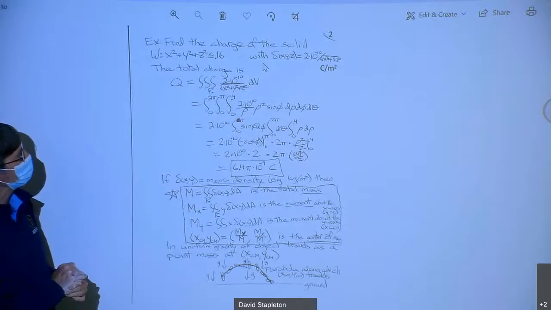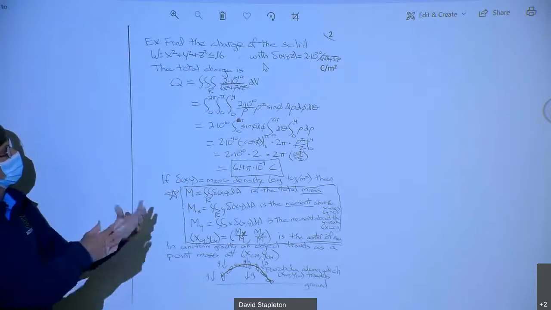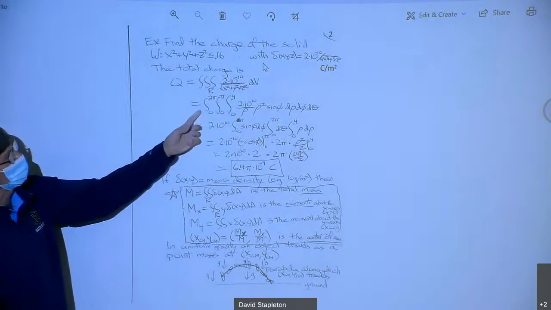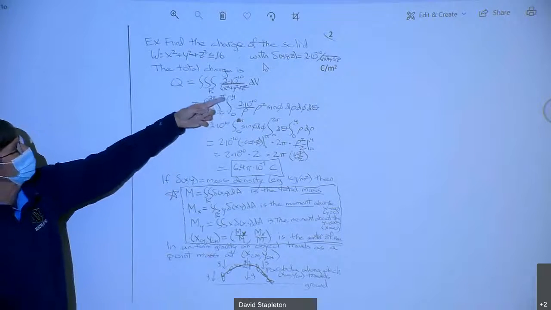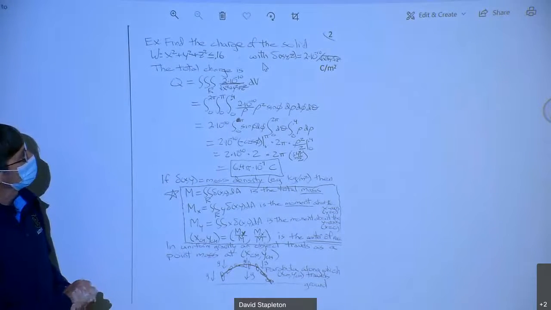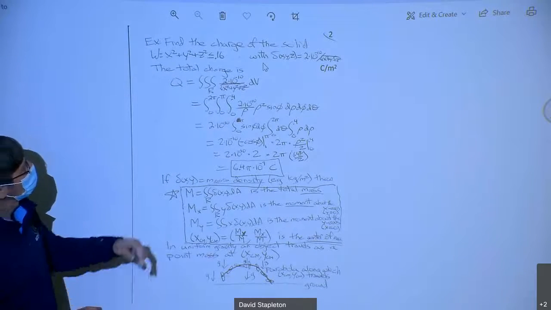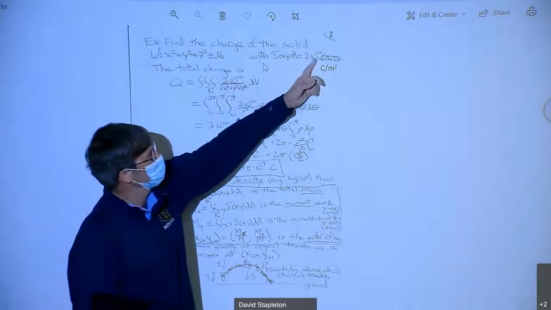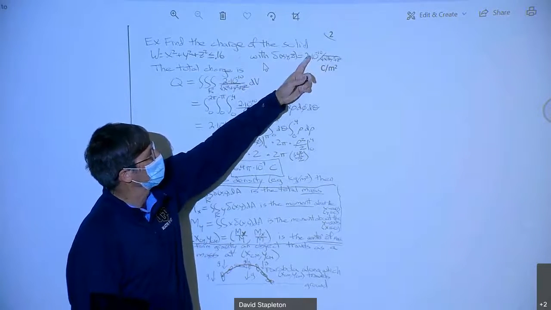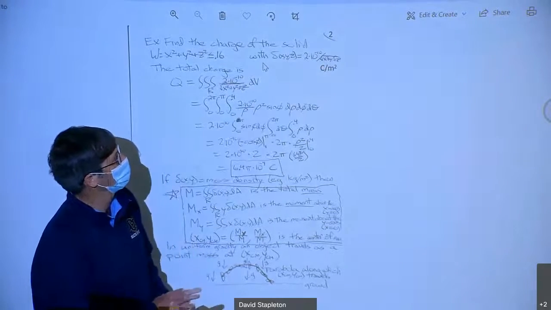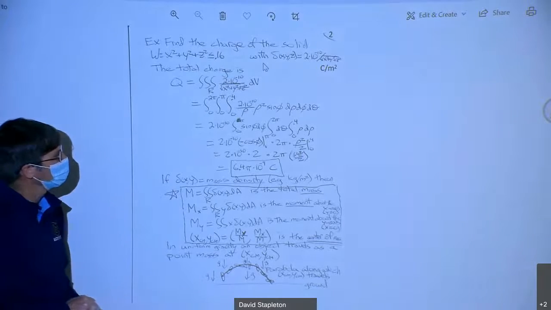So there's an application of spherical coordinates. You want to find the charge enclosed inside a sphere. You want to do it in spherical coordinates because you get constant endpoints, plus the density function in this case has a spherical symmetry, right? It's a number divided by rho, the distance you are from the center of the sphere.